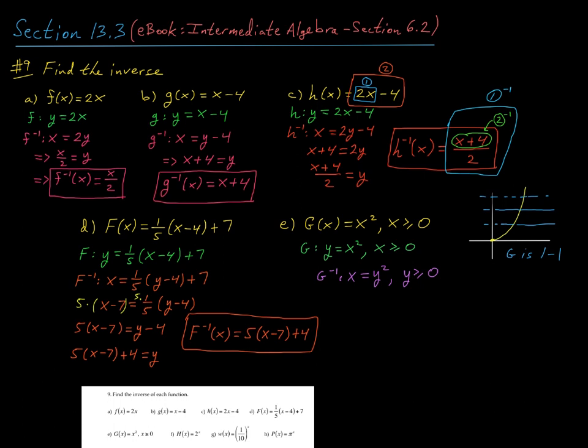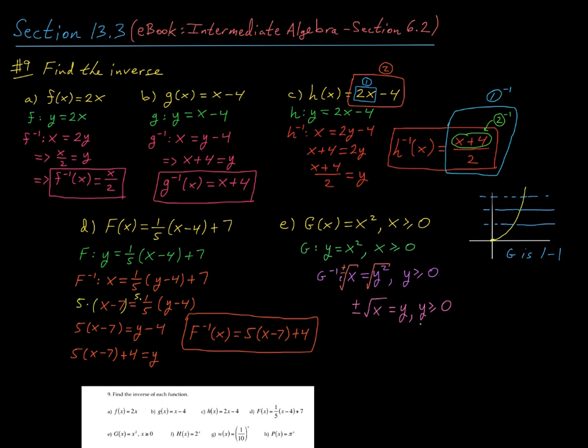Now let's go ahead and take square roots of both sides to get rid of the square. And now you know that when you take a square root like this, we're going to get a plus or a minus. So here's what we're looking at. We have plus or minus the square root of x is equal to y, and we know that y has to be greater than or equal to 0.